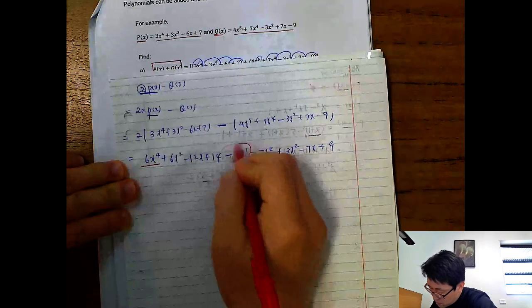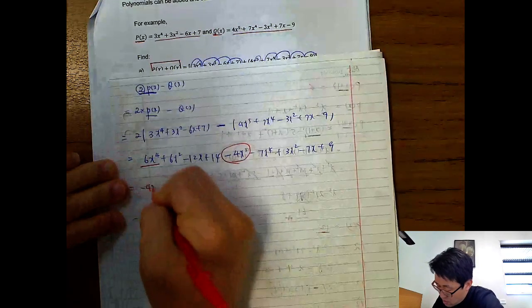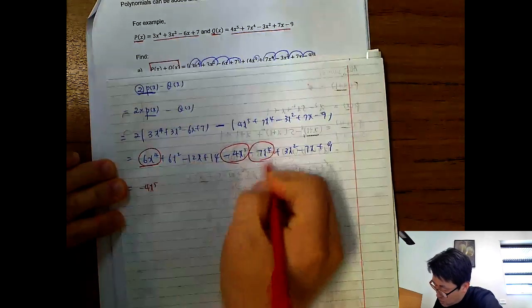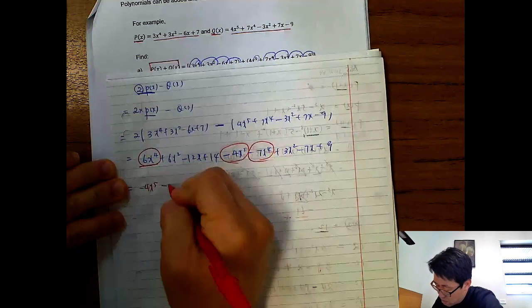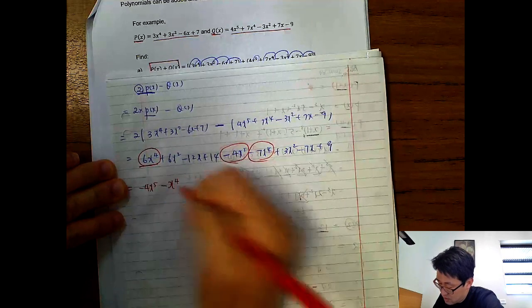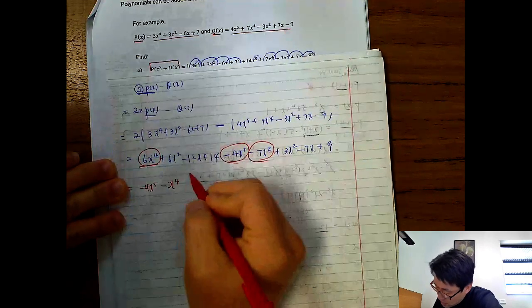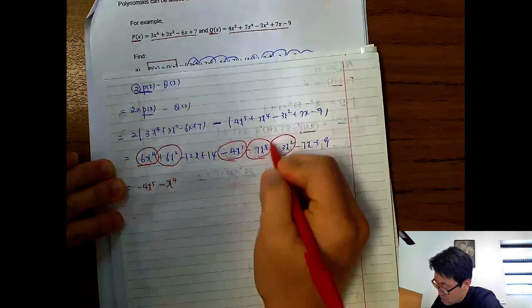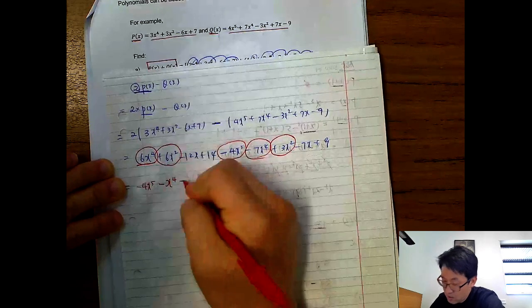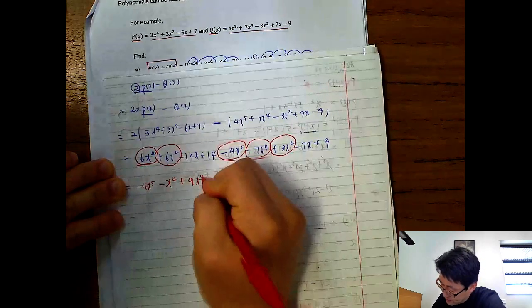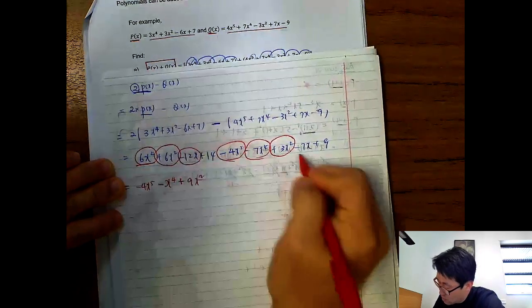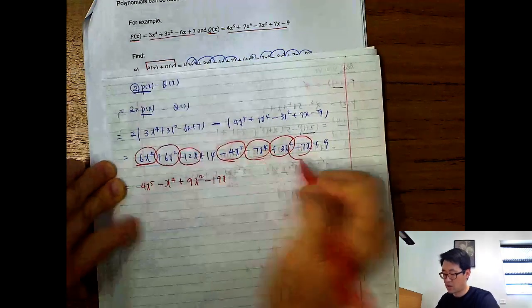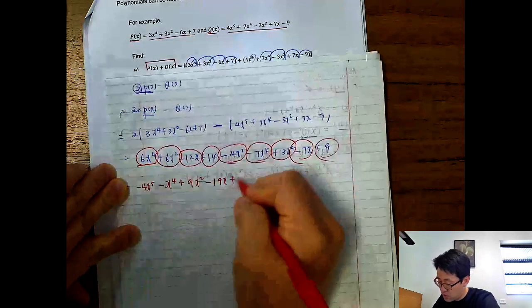Here, power 5, done. Power 4, 6 minus 7 minus 1, minus x to the 4. Plus 6 plus 3 plus 9. Minus 12 minus 7, minus 19x. 14, 9, plus 23.